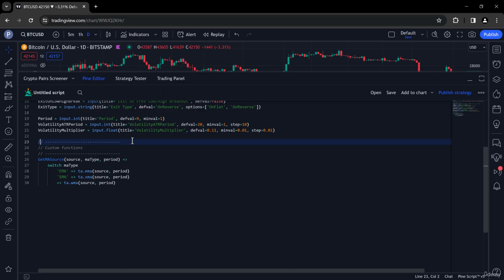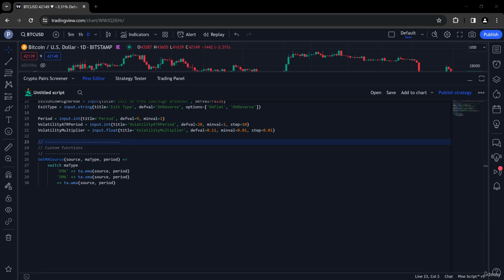We have in our strategy 3 moving average types that we use: EMA, SMA, and WMA, and we're gonna use this function to pass in moving average type and source and period parameters, and in return we're gonna get the proper and expected corresponding moving average, EMA, SMA, or WMA.